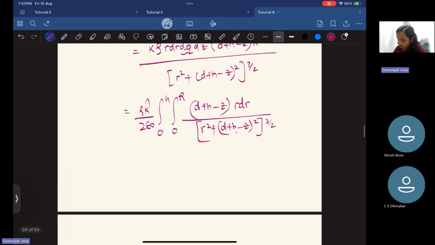So just take this whole value as some t square and do the substitution.